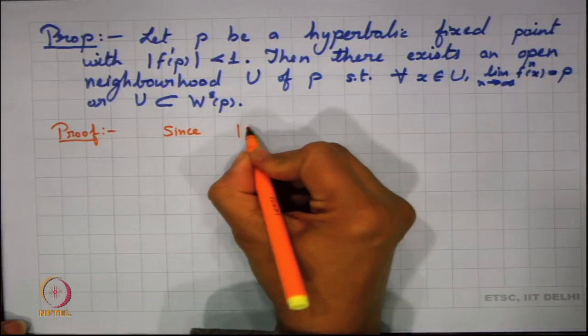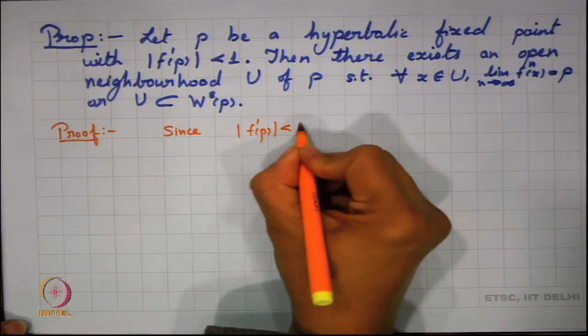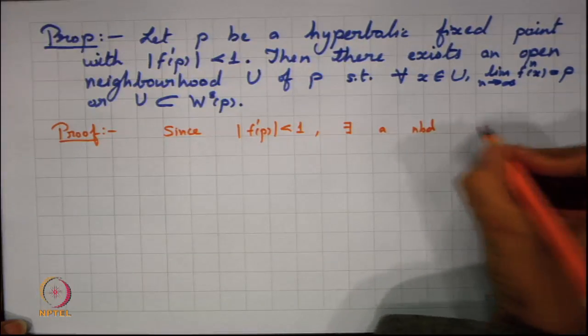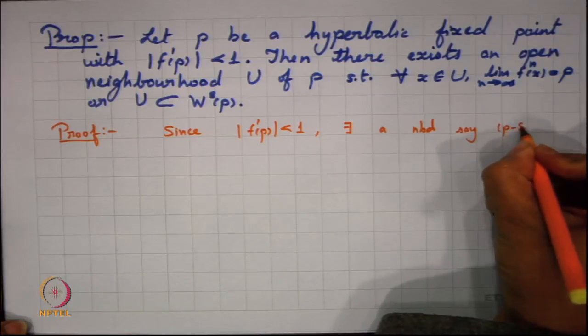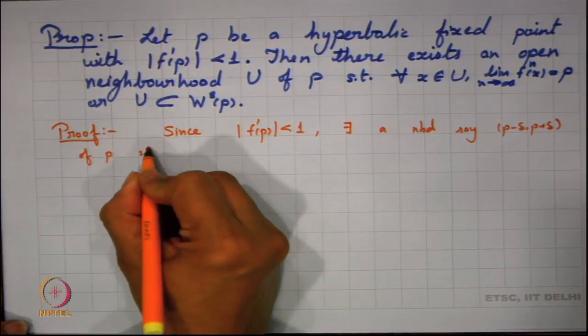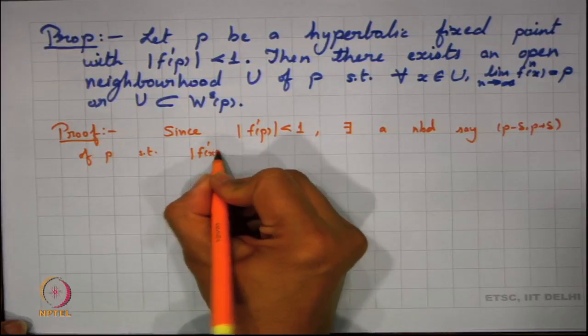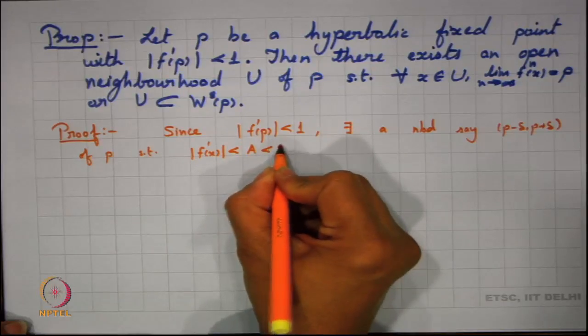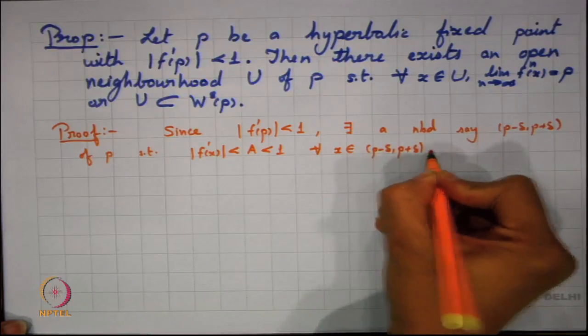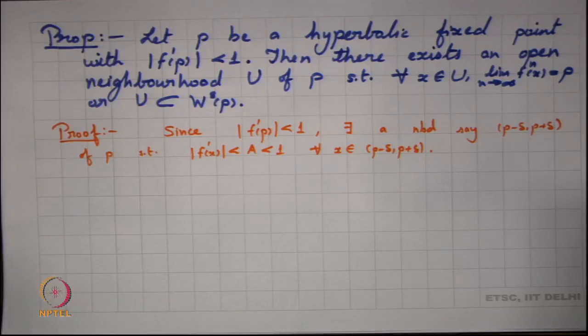I can say that here, so that means that for some positive delta I have a neighborhood of P such that the modulus of f prime of x is less than some quantity a, which is less than 1, for every x belonging to P minus delta, P plus delta.